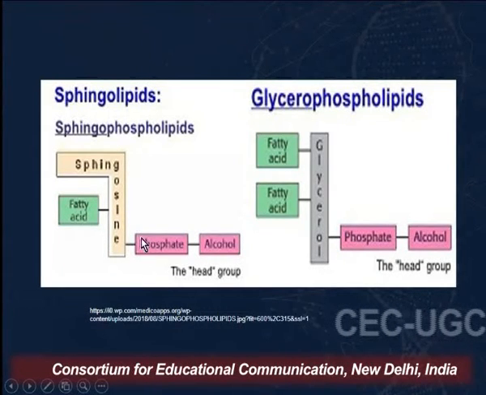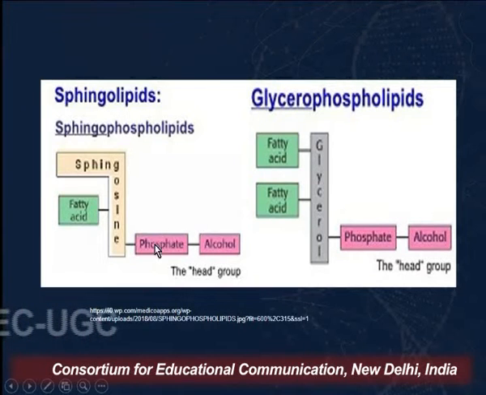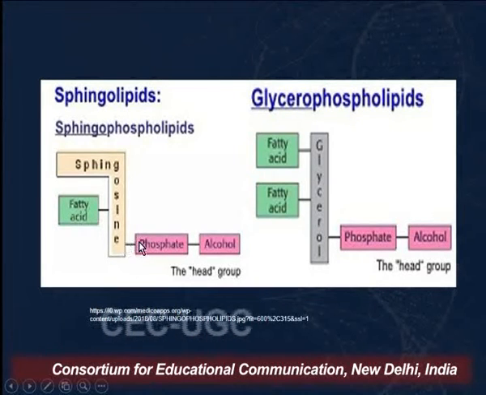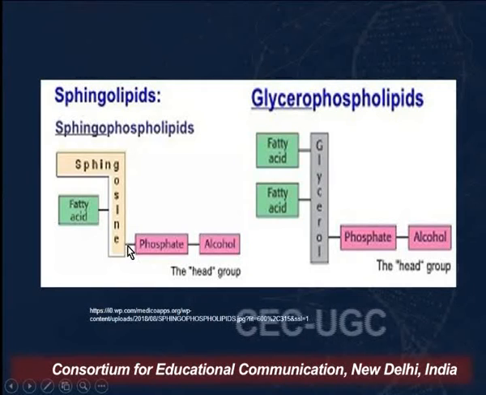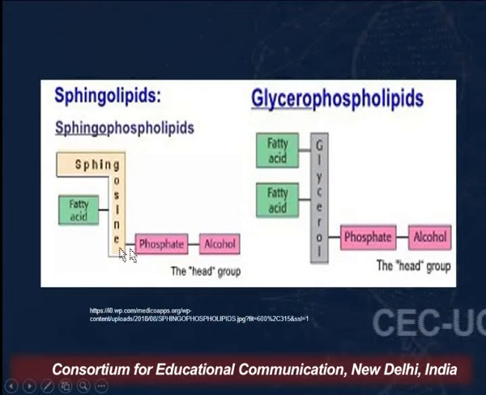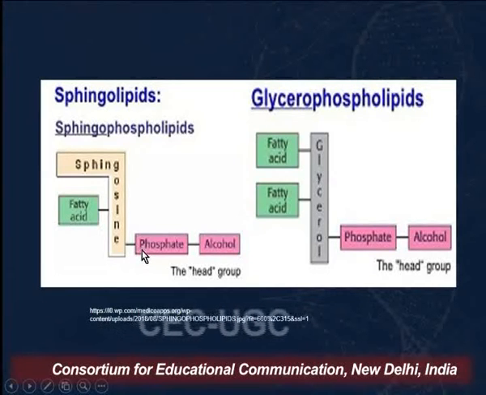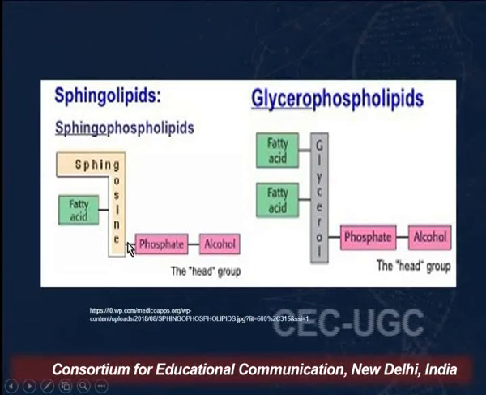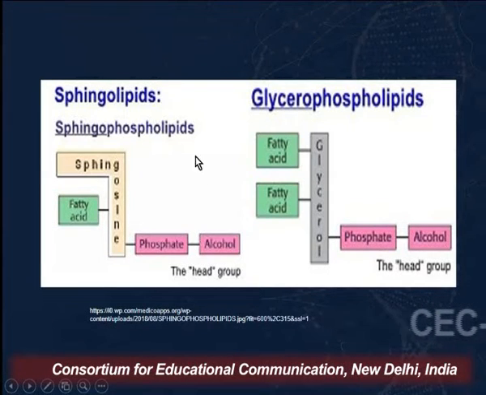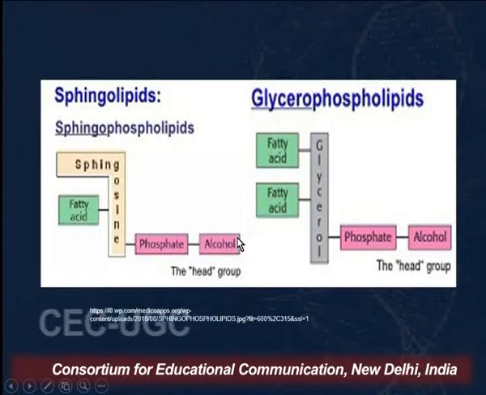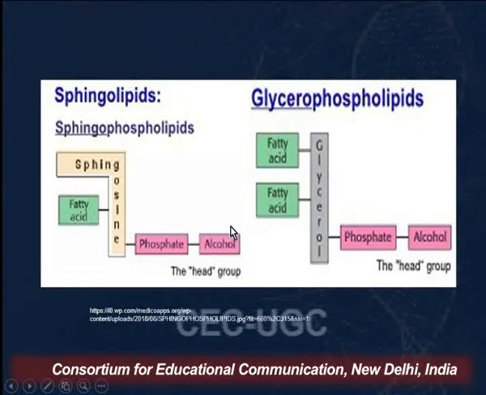And now the main difference in all the sphingolipids will be at this point. In case of sphingolipids, the OH at the first carbon will form a phosphoester bond with phosphate, resulting in phosphosphingolipids, and then here we can have a nitrogenous base, which can be an amino alcohol.